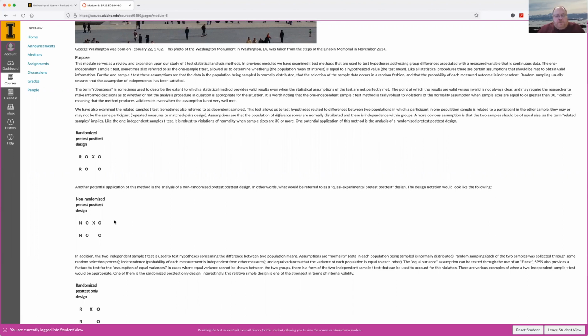In addition, the two independent samples t-test is used to test hypotheses concerning the difference between two population means. Assumptions are normality, data in each population being sampled is normally distributed, random sampling, each of the two samples are collected through some random selection process, independence, probability of each measurement is independent from other measures, and equal variances, that the variance of each population is equal to each other.